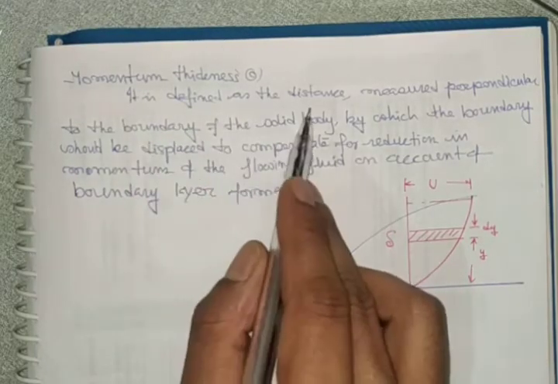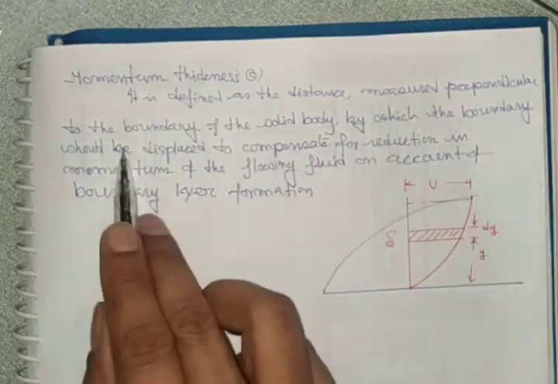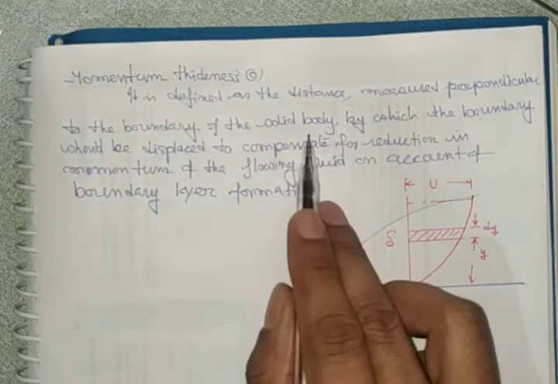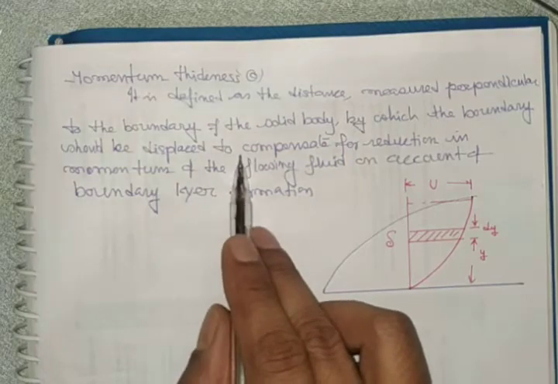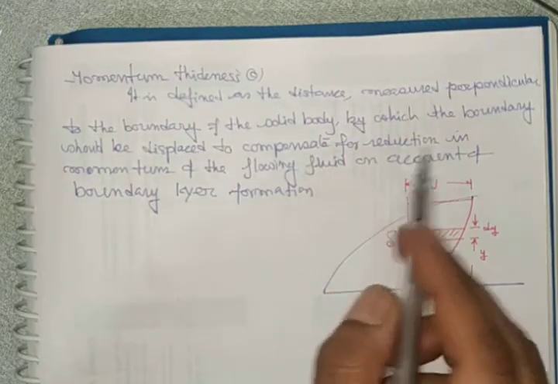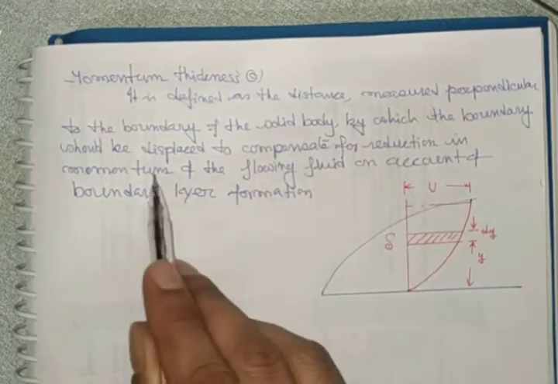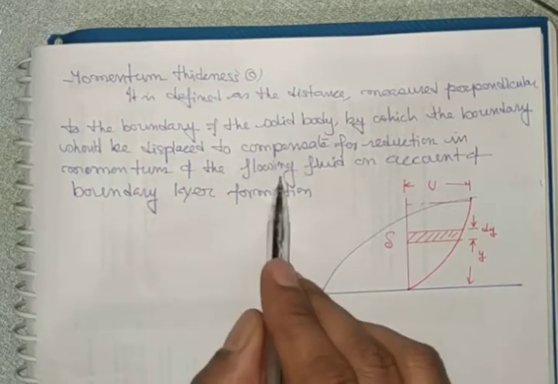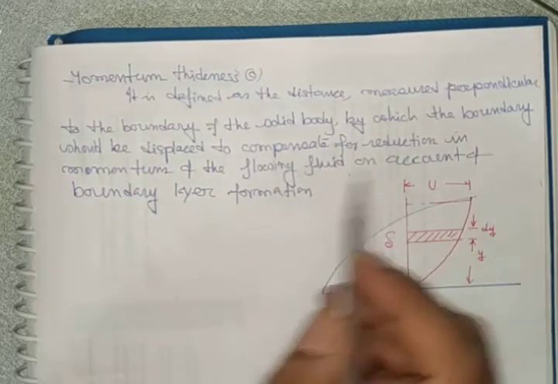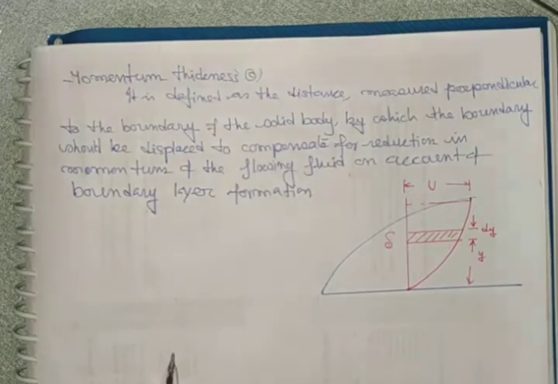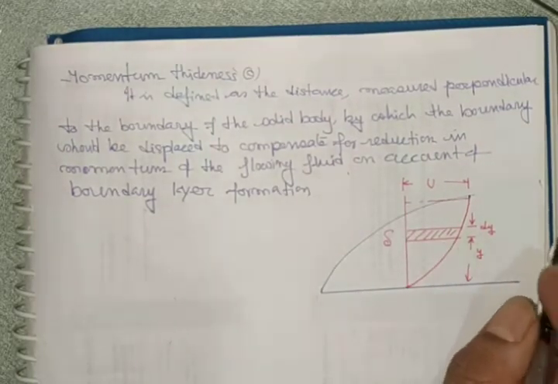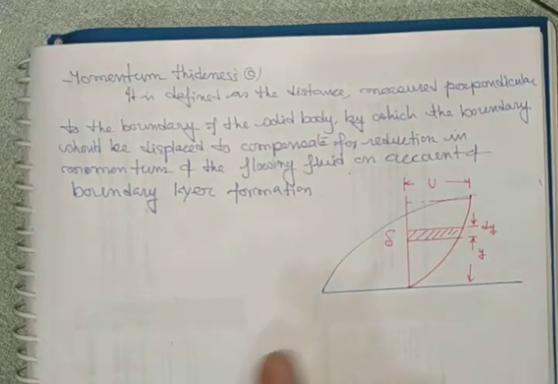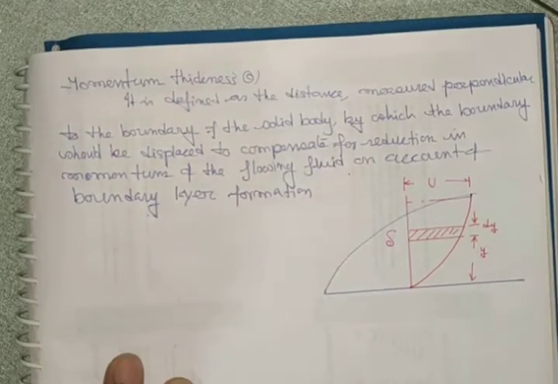So this is defined as the distance measured perpendicular to the boundary of the solid body by which the boundary should be displaced to compensate for the reduction in momentum of the flowing fluid on account of boundary layer formation. So similarly, we are considering one small strip here. Now we are considering it for the momentum.